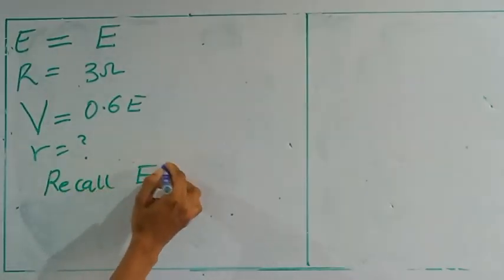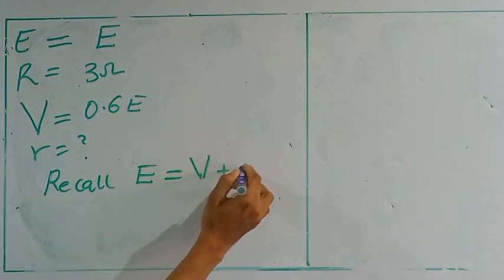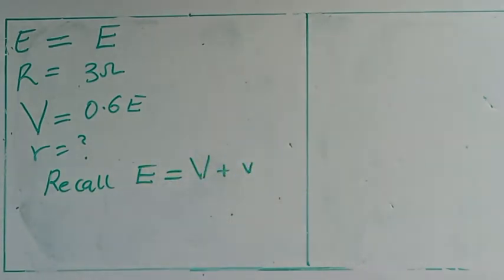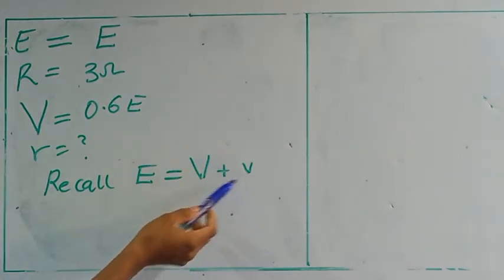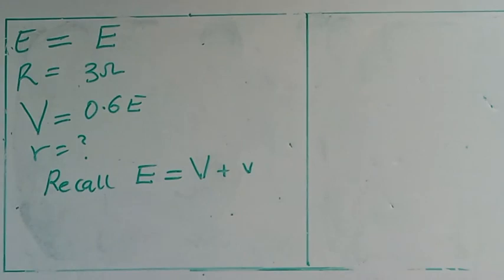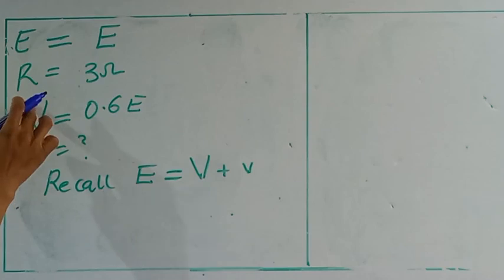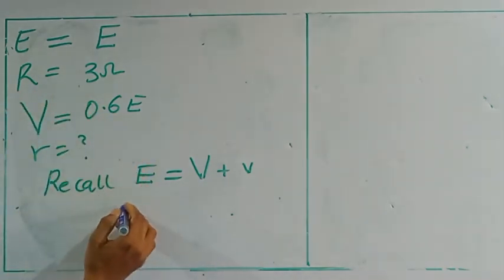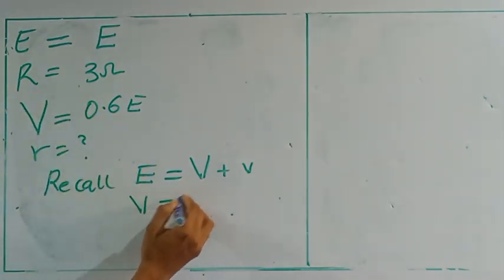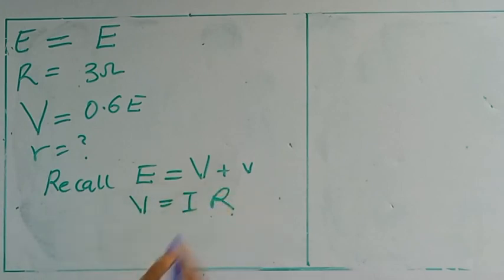Recall that E is equal to V plus the lost volts. From this, we are looking for R, and no current is given in any of them. So we are going to use this. Remember that V is equal to IR.